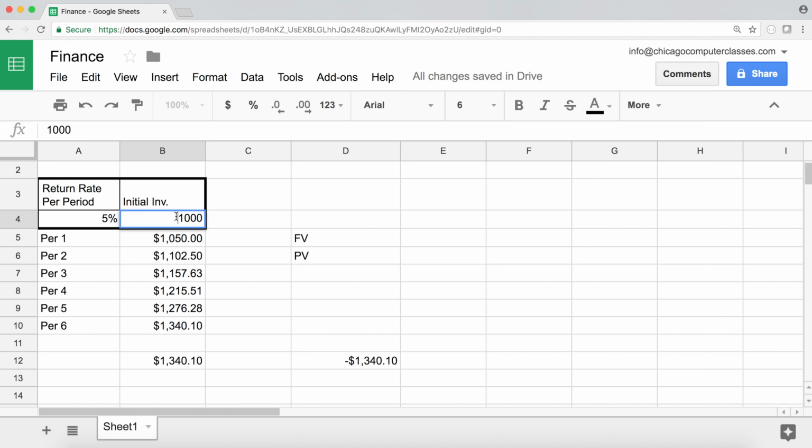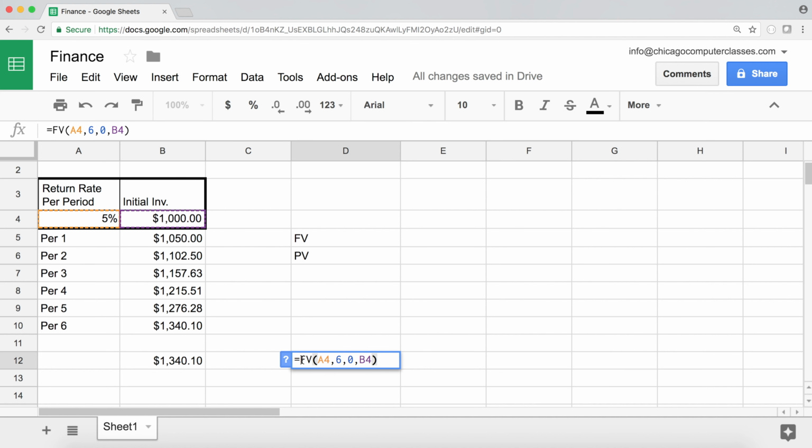So initially, that's negative $1,000 that goes out. So if I switch that initial investment to negative, now by the time I get the return from my investment, it's going to be this much, which is a positive now going to my account. Hopefully that makes sense. And now I'm just going to reverse that, but that's why we get the negative.